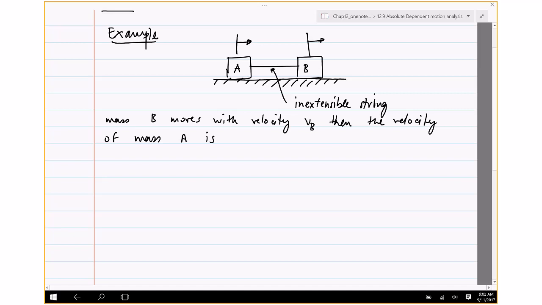If you move B with velocity VB, what's the velocity of mass A? It's the same, right? VA is VB. You don't require any math or anything like that, just figure this out. However, the methodology we'll use to solve this problem is what I'm going to describe next, and you'll see that's going to be more useful when we do more complicated examples.